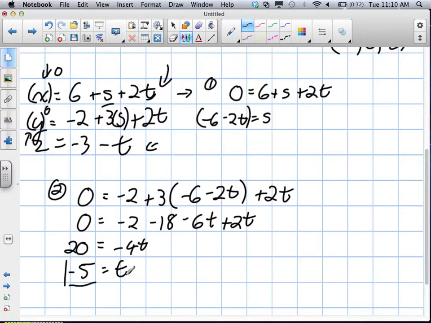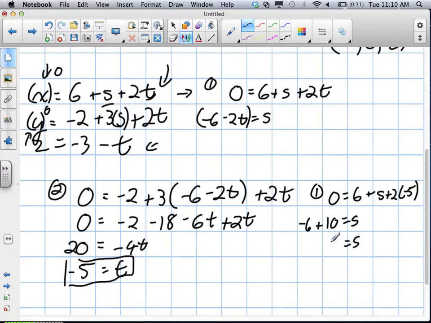Once we have t, we go back into equation 1. 0 is equal to 6 plus s plus 2 times negative 5, which gives us negative 10. We move them to the other side. That's negative 6 plus 10 equals s. s is equal to 4.